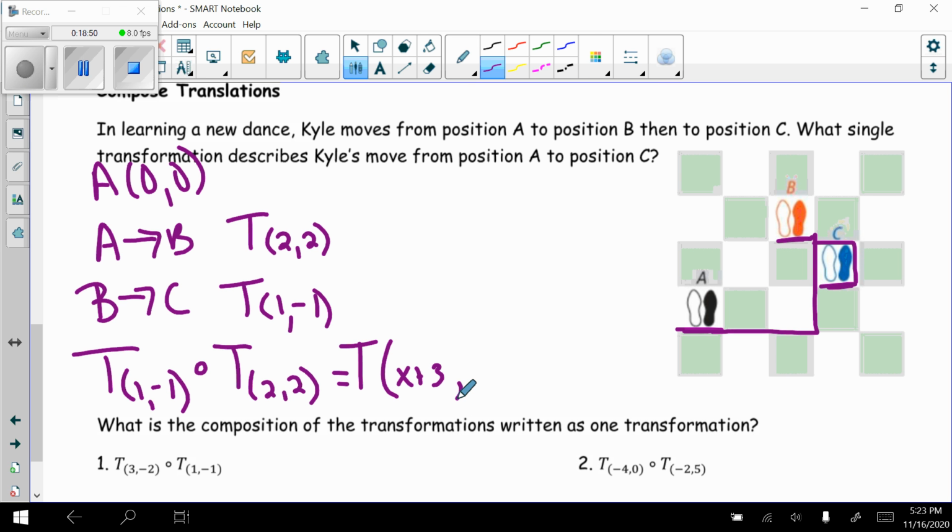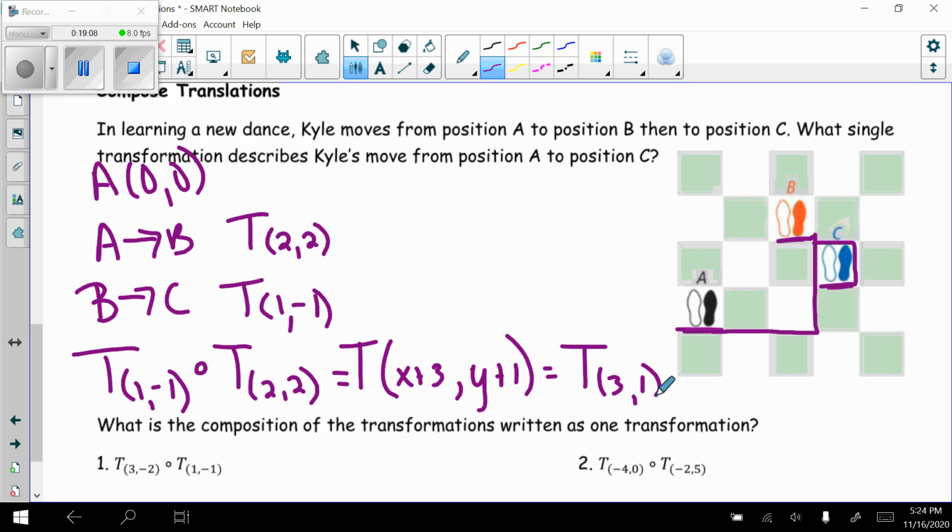My y's, I went from negative 1 to a 2, so I'm adding 1. So the single translation is translate (3, 1).